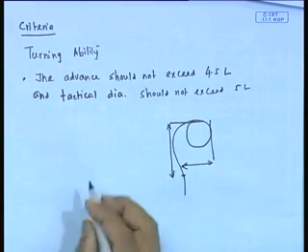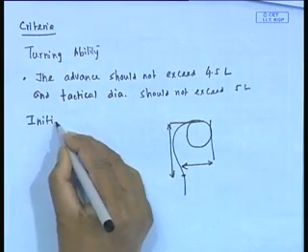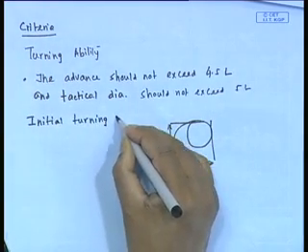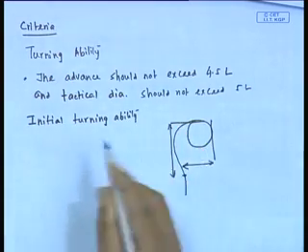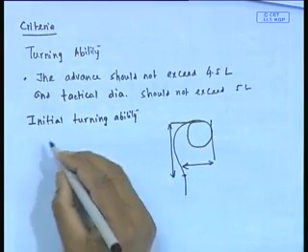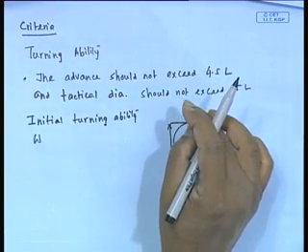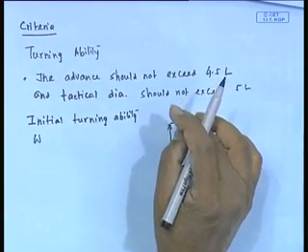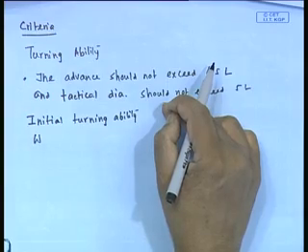Another one is called initial turning ability. By the way, I should have mentioned that this turning ability has to be done at 35 degrees of rudder, or at the maximum rudder for which the ship is designed.